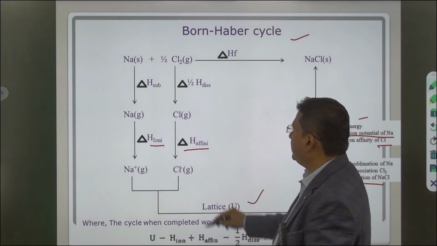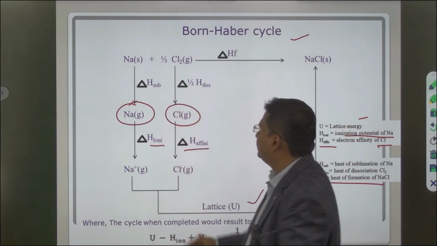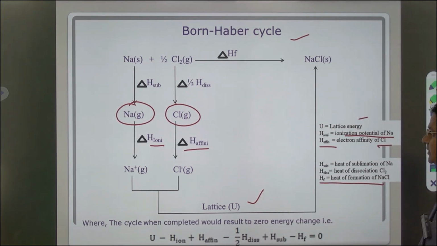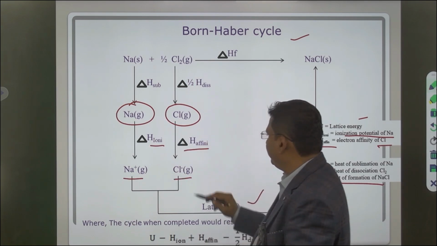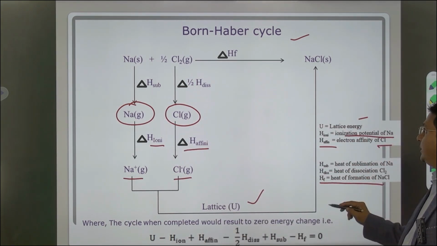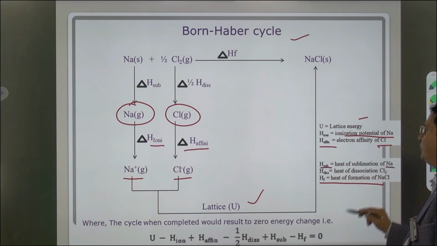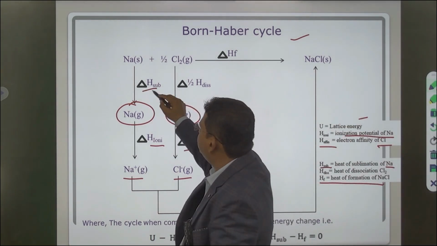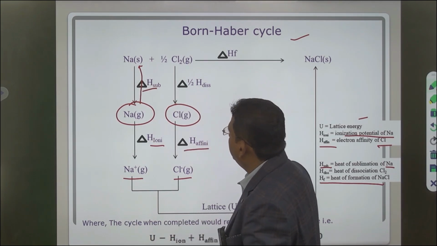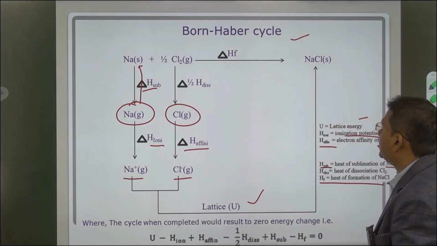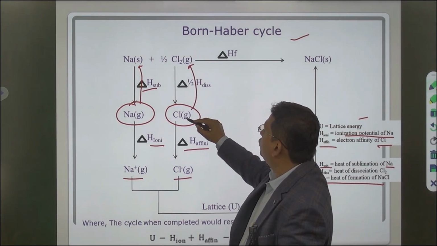This is the electron affinity, with sodium and chlorine in gas form. First they ionize, giving the ionization energy and the electron affinity. Here H sub is the sublimation of sodium. Sodium sublimes from solid to gas, and this is the dissociation energy of chlorine.